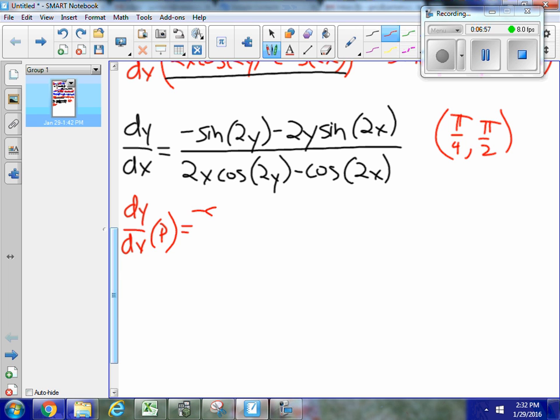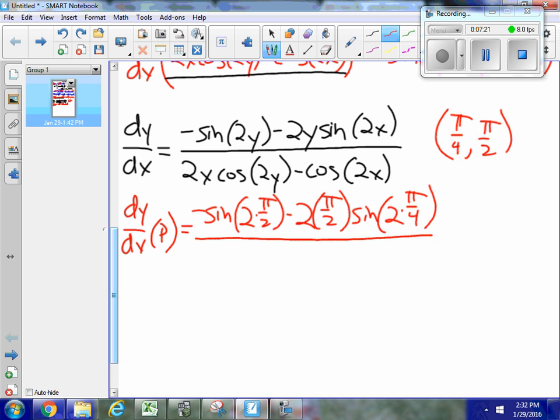So I have negative sine 2 times pi over 2 minus 2 times pi over 2 times sine 2 times pi over 4, divided by 2 times pi over 4 times cosine 2 pi over 2 minus cosine 2 times pi over 4.